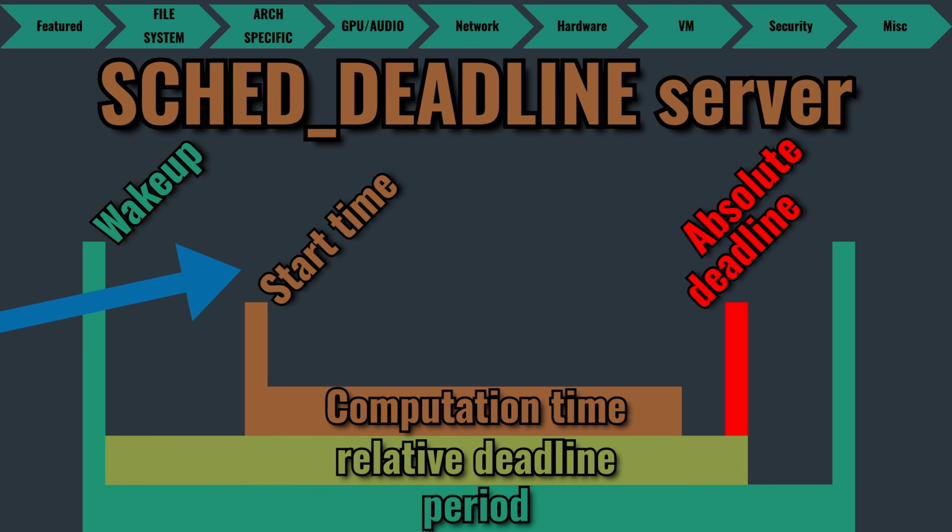Now that's a fine system and all, but at the end of the day, you don't really have all tasks that are fitted with the deadline parameters, which are a runtime, a deadline, a period. In other words, you have some standard tasks that just use a standard first in, first out kind of way of working. So some tasks will just throw themselves out and just say, hey, run me. And there are others that will have the whole sched deadline scheduling infrastructure behind them that will tell the scheduler exactly what they want.